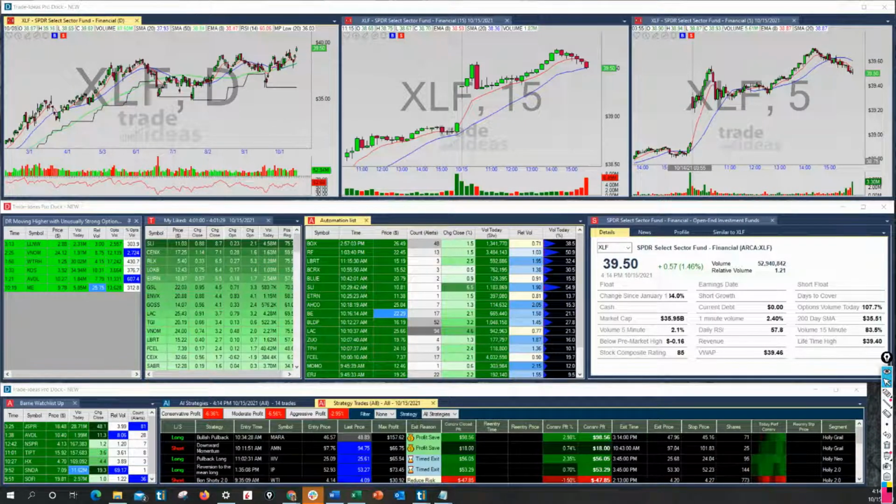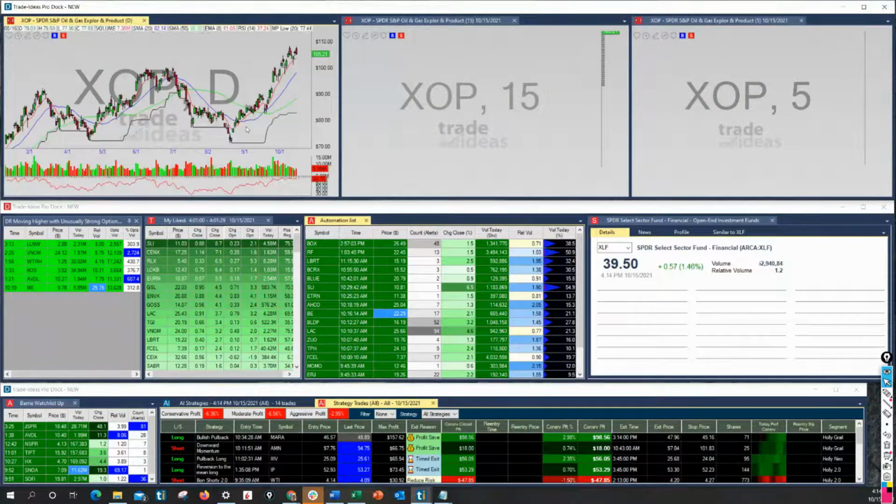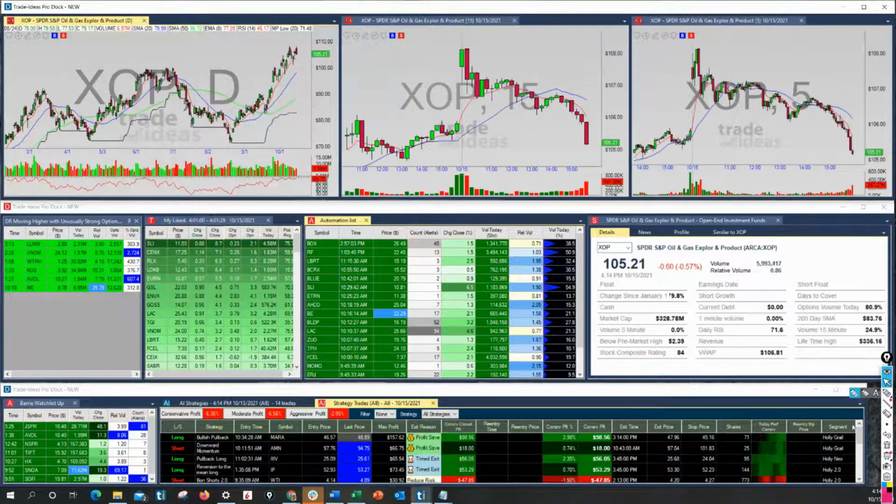Let's take a look here at energy. This has been a leader for a long time for us. Once again, it gaps right back up there. Now, our energy leaders are not going to be anywhere near all-time highs because we don't have oil or natural gas where it was back in the mid-2000s, when we were getting crushed with $150, $170 oil, whatever it was back then.